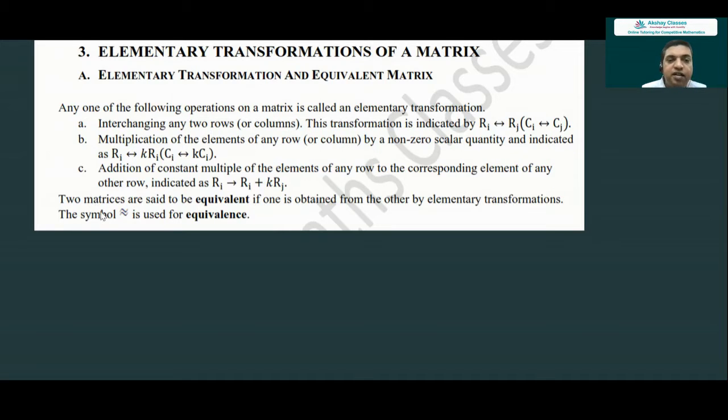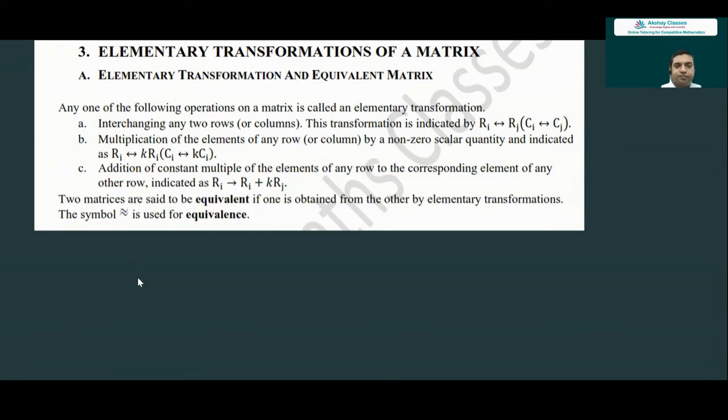All right. Next, addition of a constant multiple of the elements of any row to the corresponding elements of any other row, indicated as Ri becomes Ri plus K times Rj.